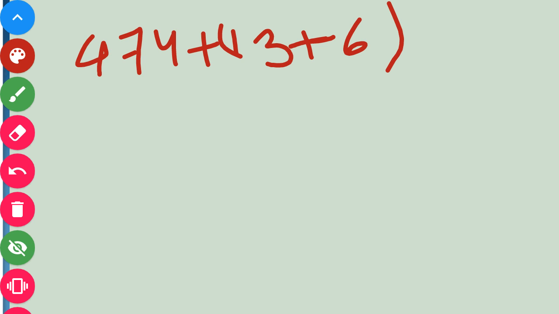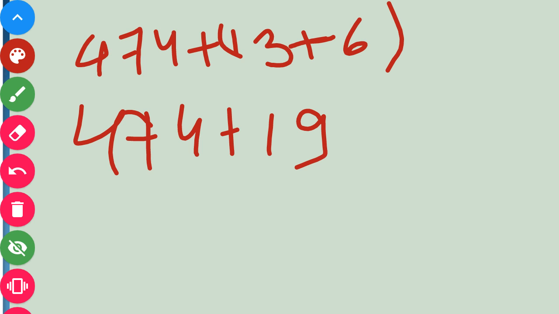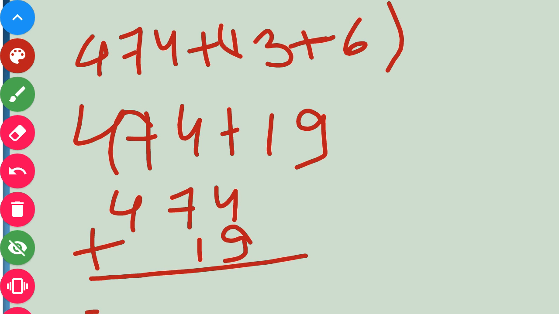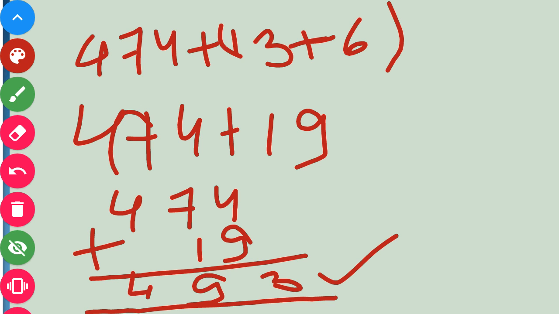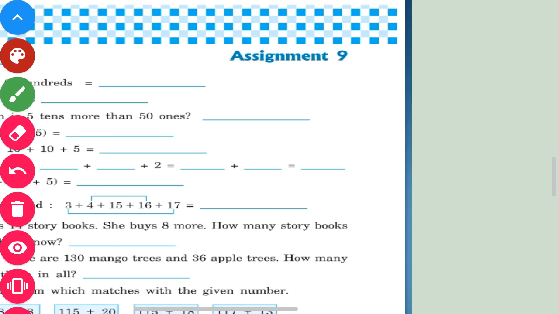What we will get adding 13 and 6? 19. Now we will add 474 and 19. So 9 plus 4, 10, 11, 12, 13. 7 plus 1, 8, 8, 1, 9. And 4. 493 is our answer.